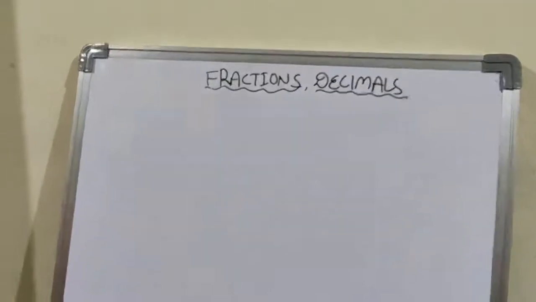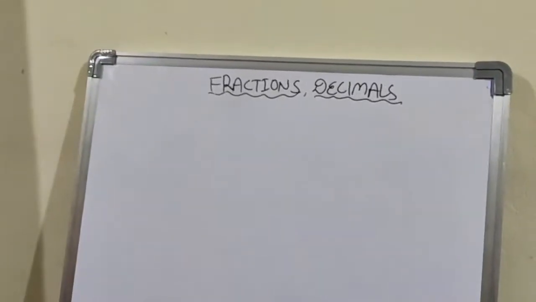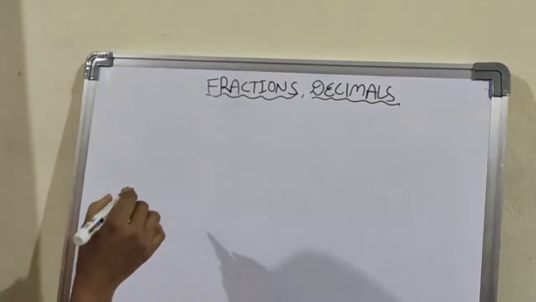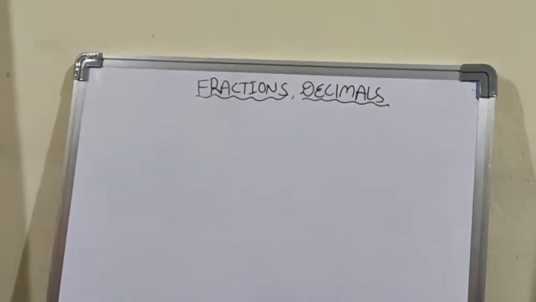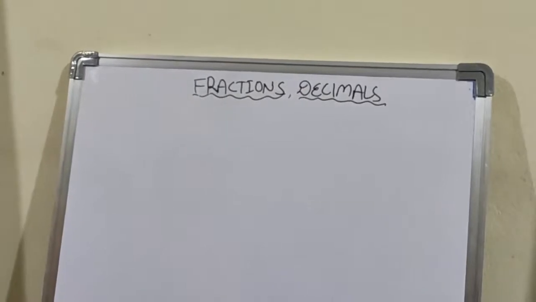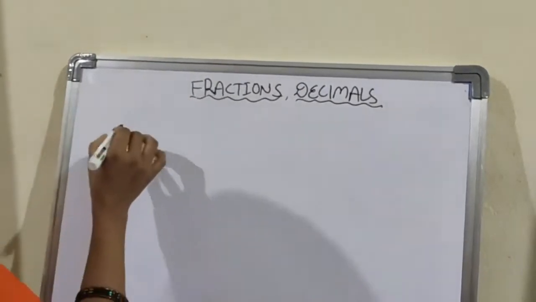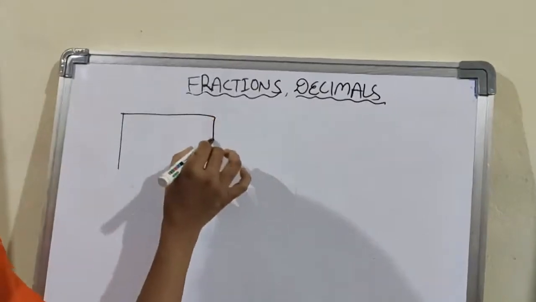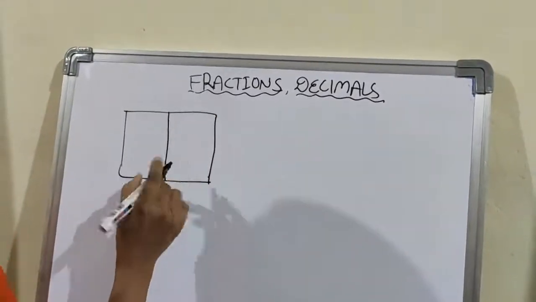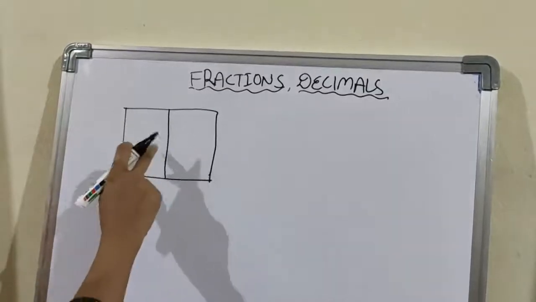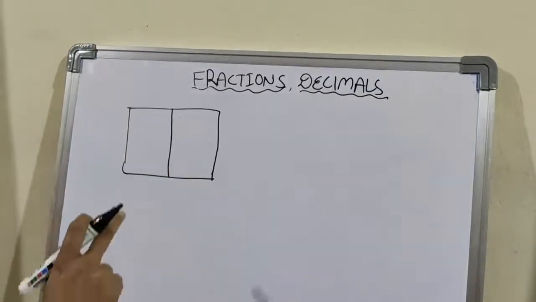Fractions: we come across many situations in our daily life, such as half a liter, half a day, 3 by 4, etc. Here one example is given. This is a square. How many parts is it divided into? 2 parts.